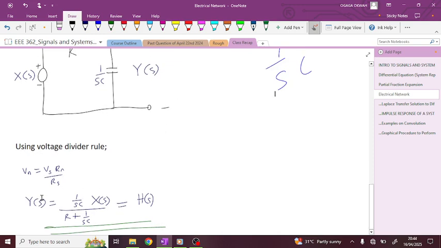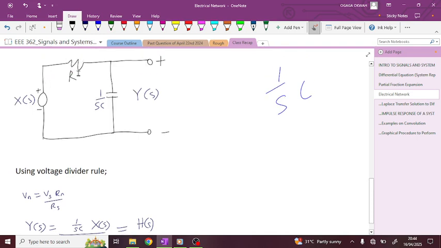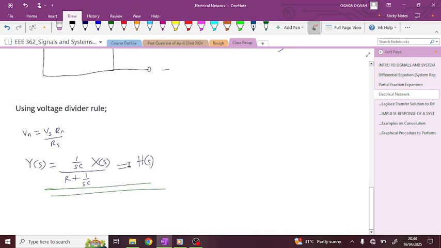Y of s. What is the total source voltage? X of s. What is the resistance at that point? 1 over sc, all over R plus 1 over sc, that is the sum of all resistance. So this plus this, there we have the transfer function.